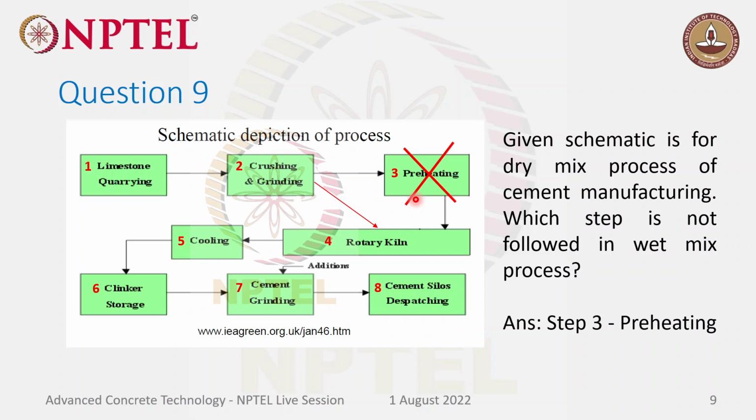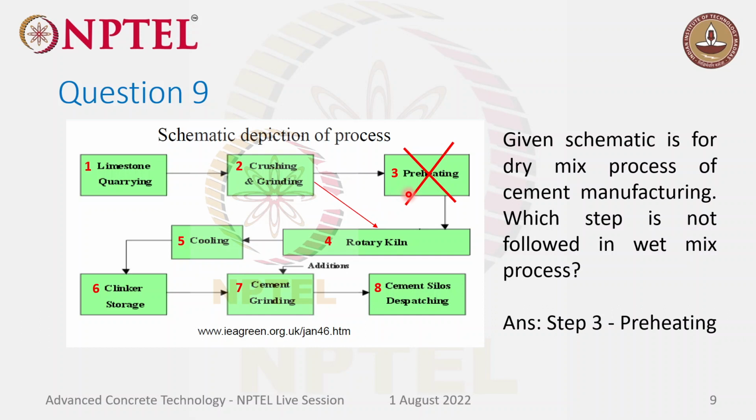There the raw materials will be partially calcined, not completely calcined. The heat is reused. Most of the modern cement plants have this feature, but the old cement plants are mostly wet mix process, so there we don't have this option called preheater.